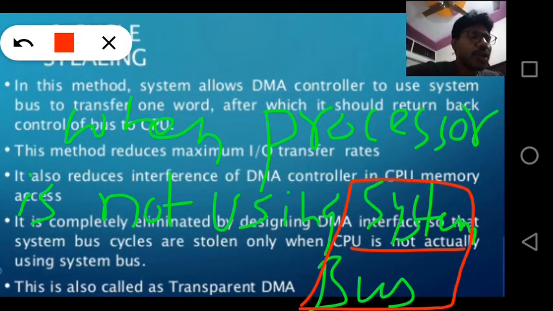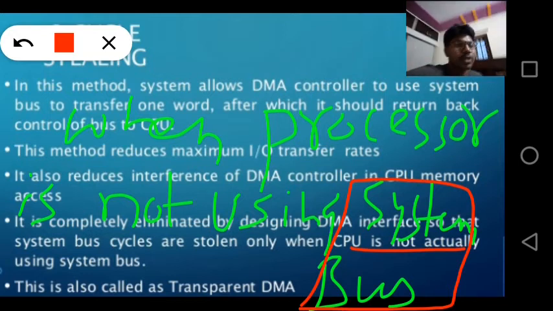For example, let's take instruction execution. The system bus is used only during fetch. During fetch it requires the system bus.